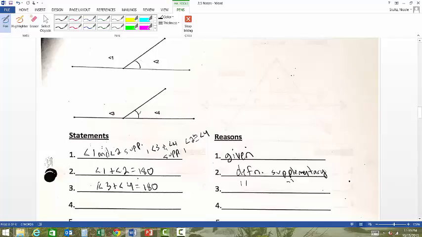And just like we did before, this whole group is equal to 180, so I can plug this whole group in for 180 above, which will let me write angle 1 plus angle 2 equals angle 3 plus angle 4. And that we called substitution.